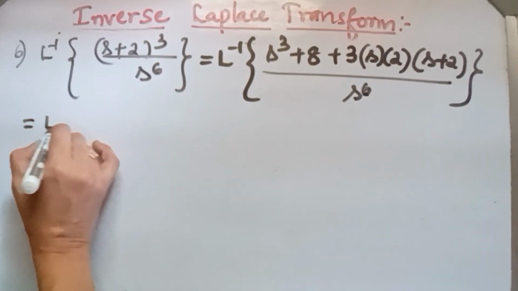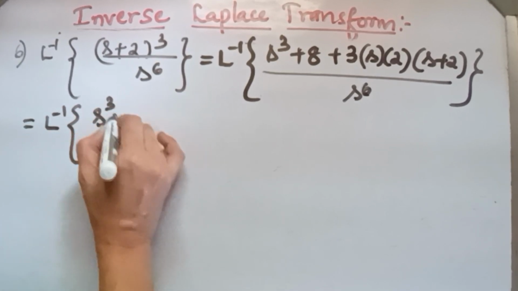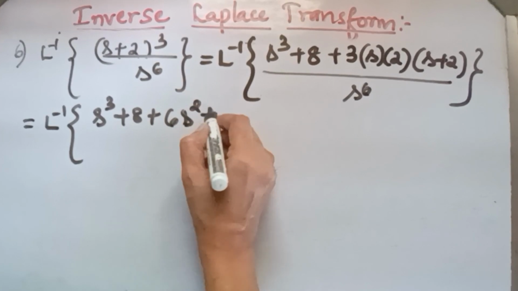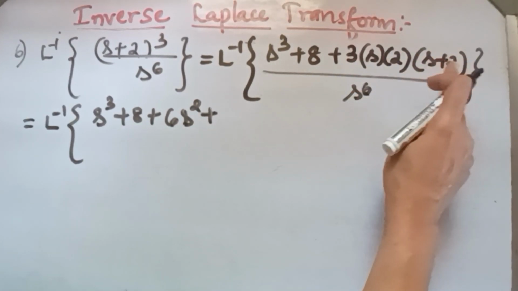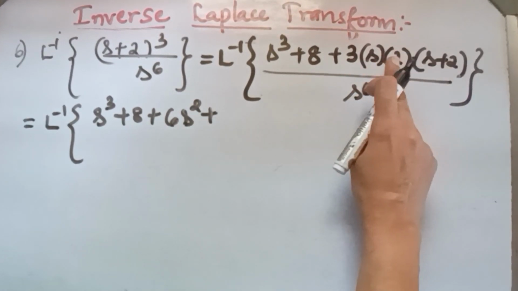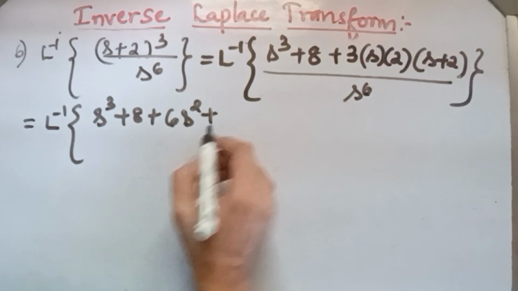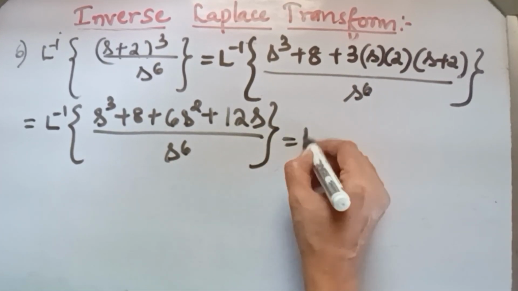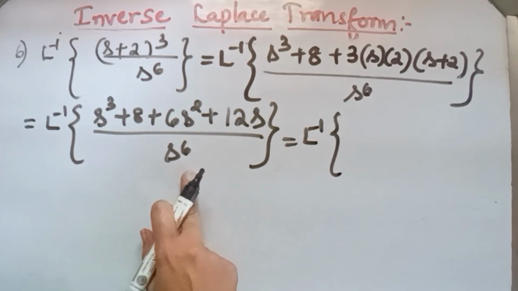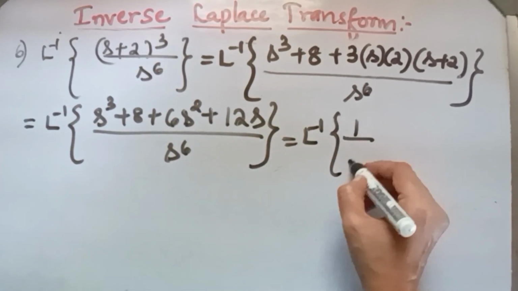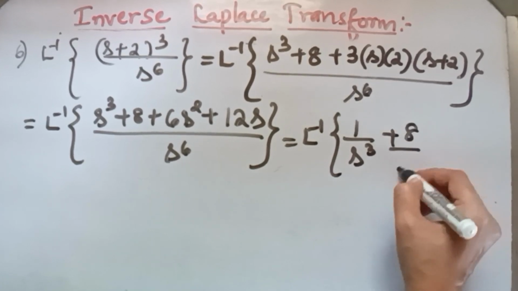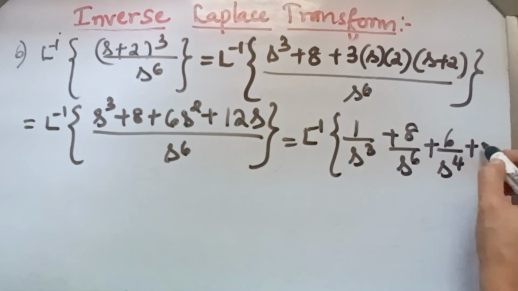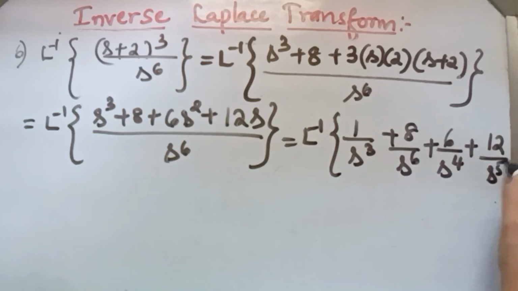So this is equal to inverse transform of s cube plus 8 plus 6s square plus 12s divided by s to the power 6, which is inverse transform of s cube by, split it term wise, 1 by s cube plus 8 by s power 6 plus 6 by s power 4 plus 12 by s power 5.